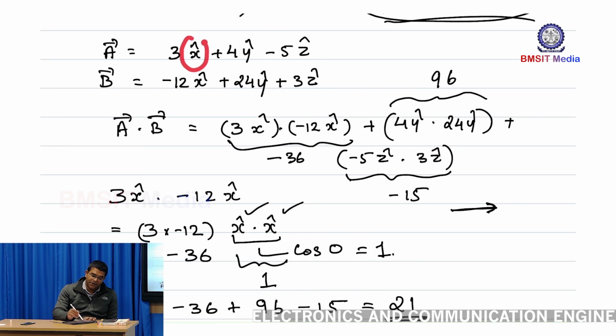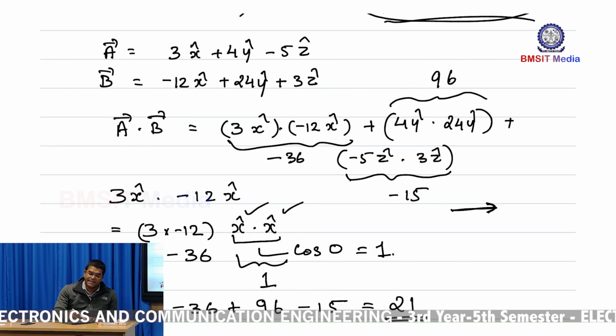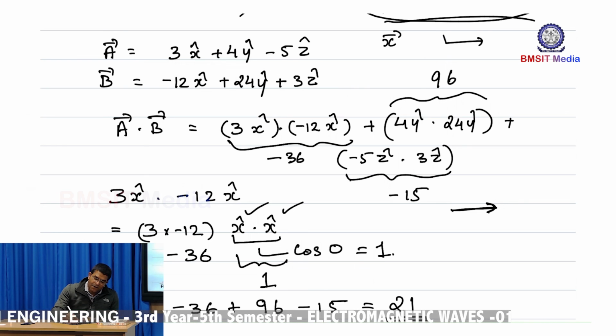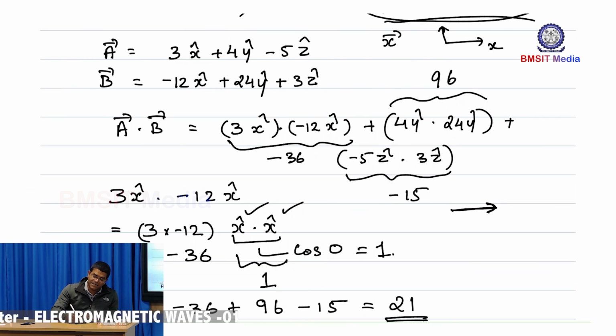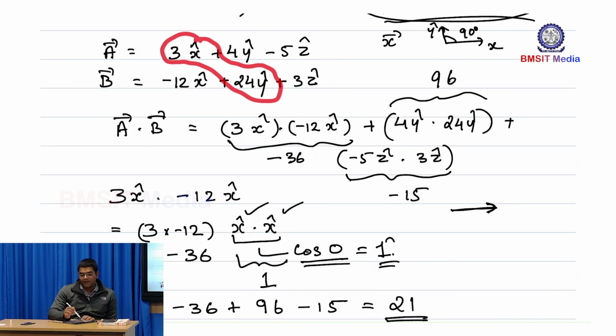Then x dot y. So x dot y, when you calculate, x is in one direction and y is in the 90 degree ahead, other direction, right? So this is x direction, this is y direction. So the angle between x and y vectors is basically 90 degree. So if the angle is 90 degree, then the cos of 90 degree will be 0. So the terms corresponding to the dot product of this and this will become 0.